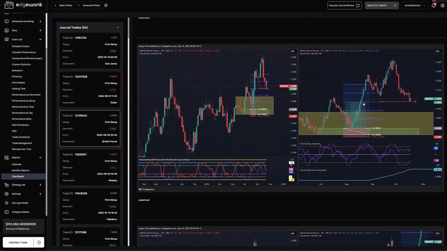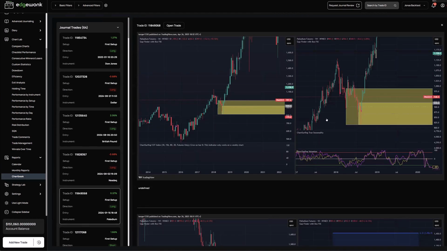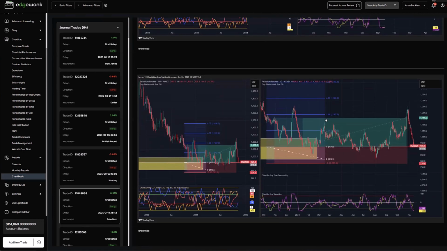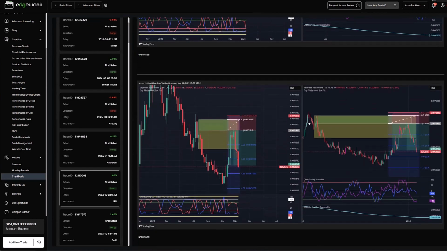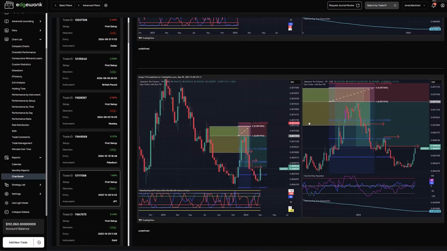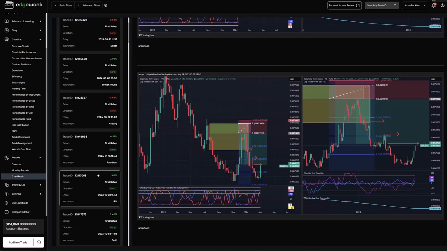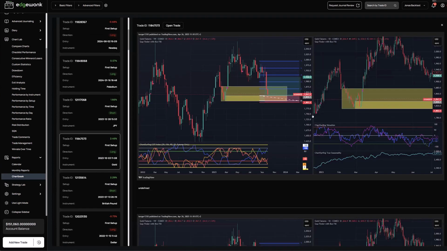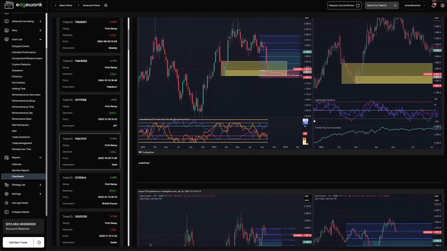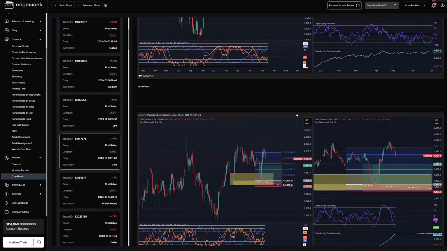Entry here, exit on the long here, and the price would have gone up. And this is true for quite a lot of trades. Here, not so much, but we have seen this in a few trades that there seems to be a lot more potential for those swing trades that he could have captured.